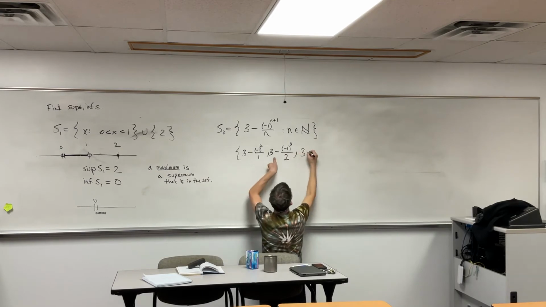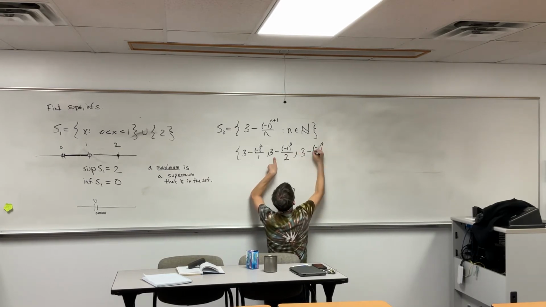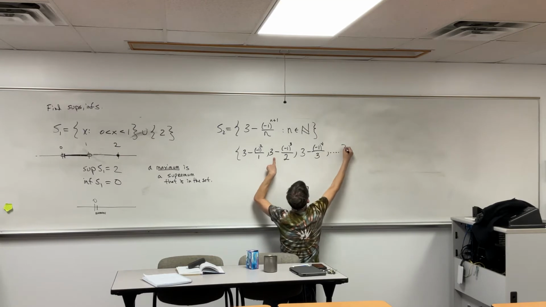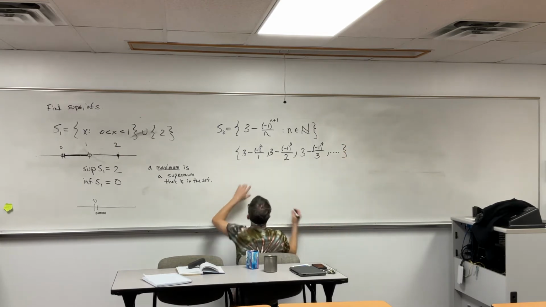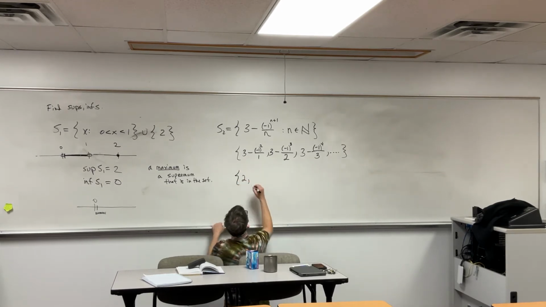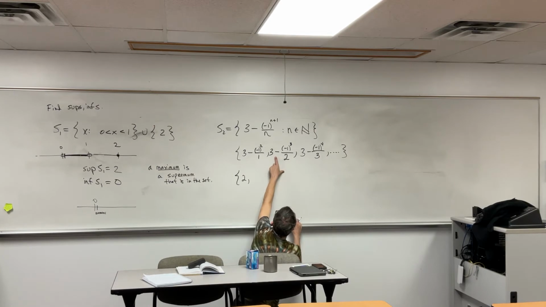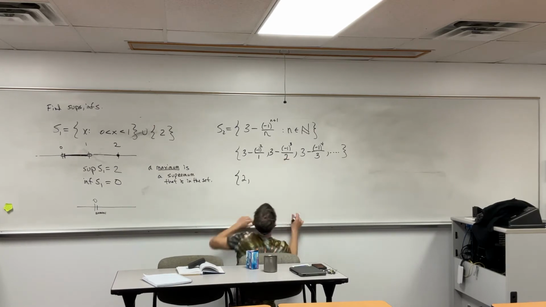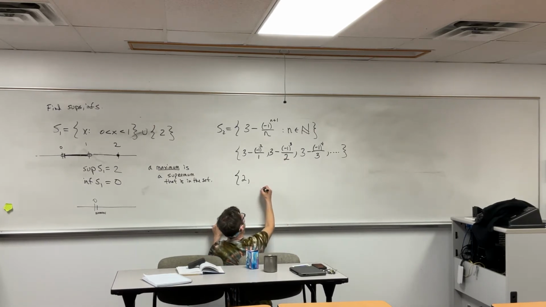Let's do one more just till we get the rhythm. So I'm enumerating that, and then I'm going to simplify. So this is going to be 3 minus 1, so 2. This is going to be 3 plus a half. So let's just say 3.5.